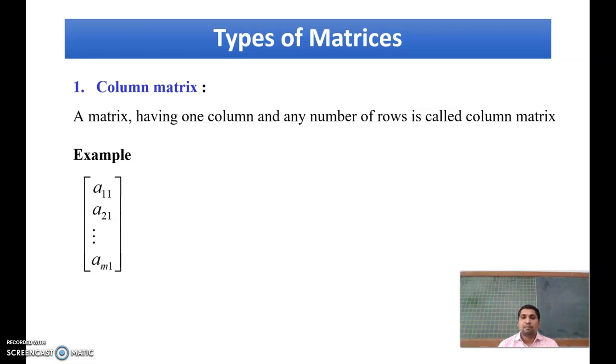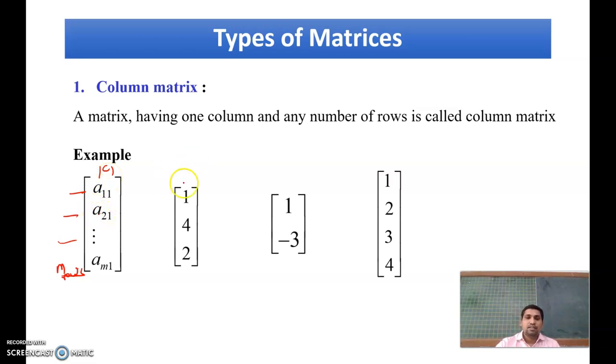This is one general example. Here we can see that this matrix has only one column and there are many rows. In this matrix there are m rows. This general example shows that a column matrix has only one column. This is another example, a 3 by 1 matrix.